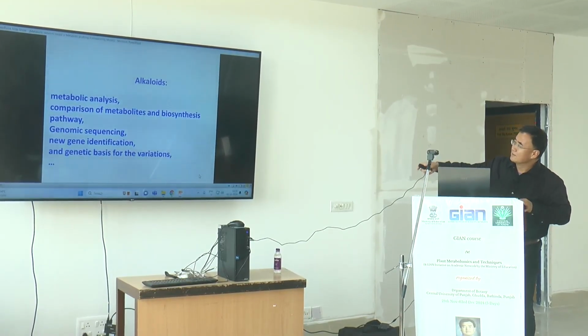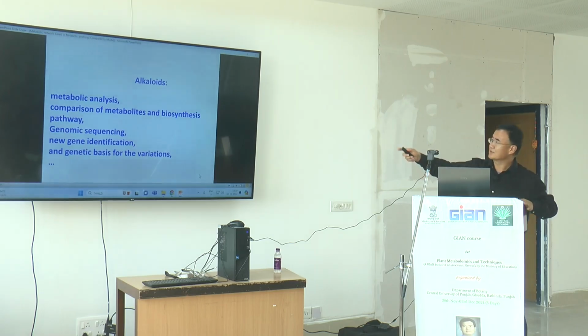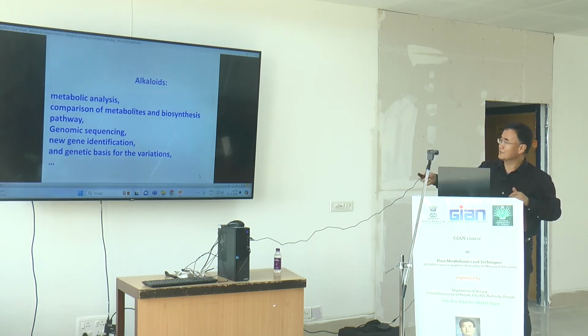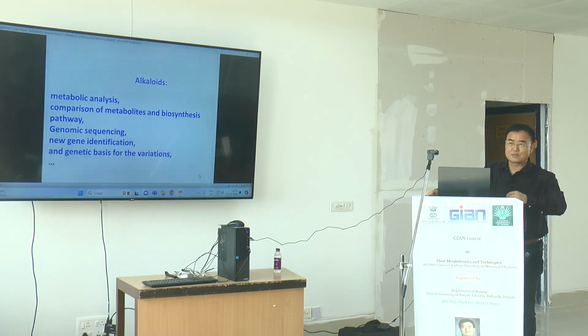So from here, I will just use several slides to show the alkaloids and different metabolites, and the metabolic pathways they identified, using different tools like metabolite analysis, comparison of metabolites, and biosynthesis. The purpose is to try to understand the origin of those alkaloids, like caffeine in tea plant.